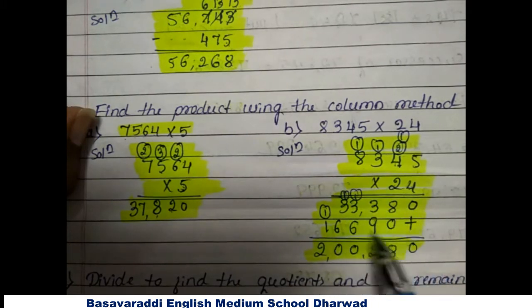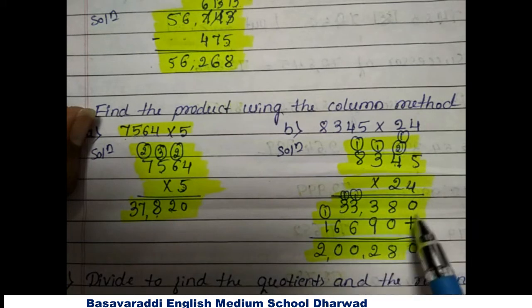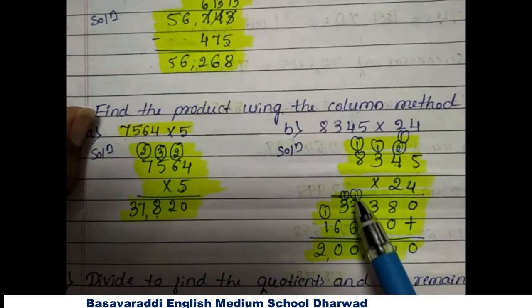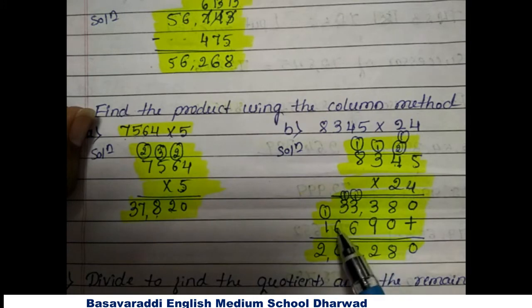Add all the addends. The 0 plus 0 is 0. The 8 plus 0 is 8. 3 plus 9 is 12. 1 carry over. 1 plus 3 is 4. 4 plus 6 is 10. 1 carry over. 1 plus 3 is 4. The 4 plus 6 is 10. Next, the 1 plus 1 is 2.